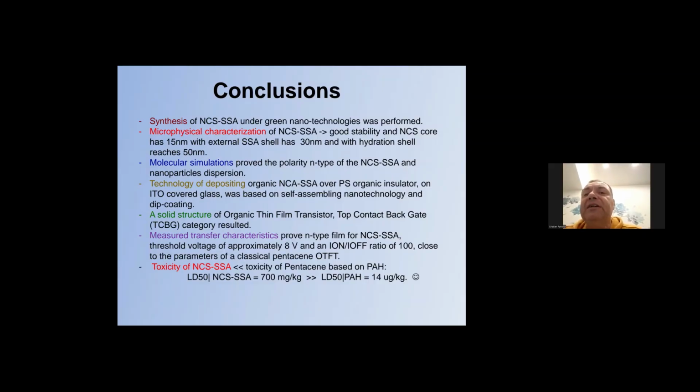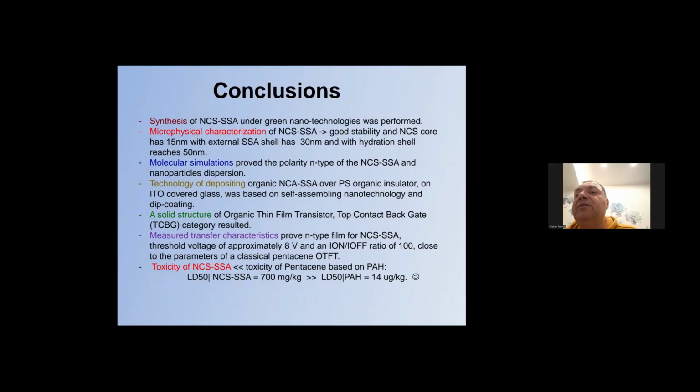Finally, the characteristics prove an N-type behavior of the film, and a threshold voltage of 8 volts, in agreement with the positive range and with general values of organic N-type semiconductors.